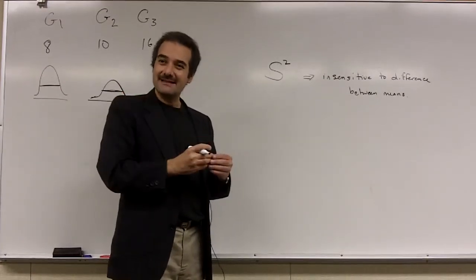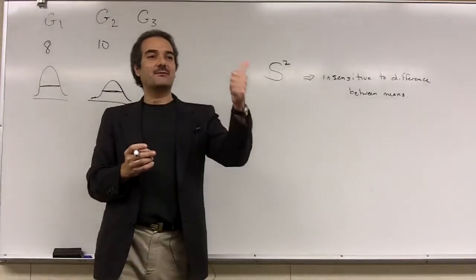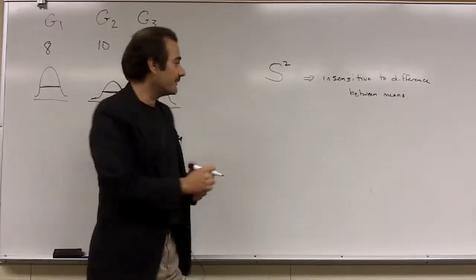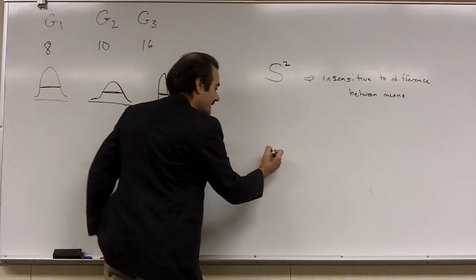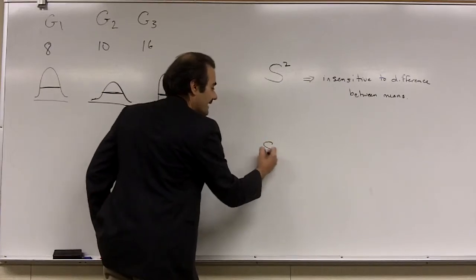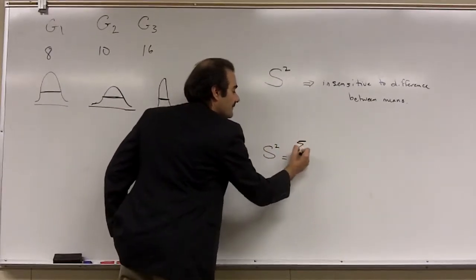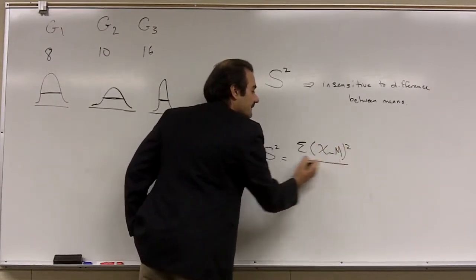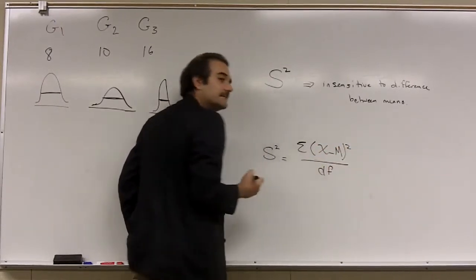Sum of squared deviations. So S squared was the sum of squared deviations divided by degrees of freedom.